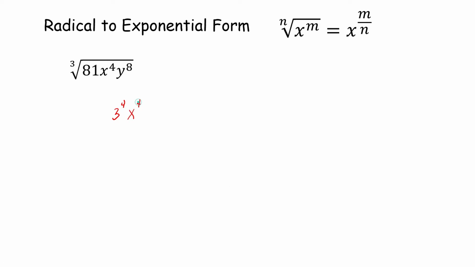We have the x raised to 4. And then we have the y raised to what? Okay, so y squared raised to 4 equals y raised to 8. Okay, because we need to come up with an exponent that is the same as all the coefficients here.